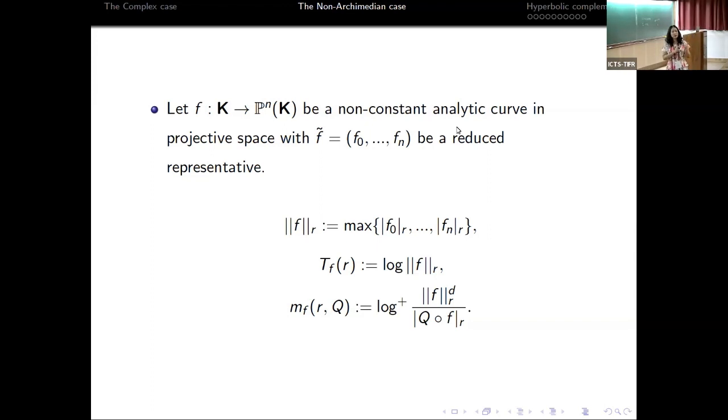For the counting function, it is exactly the same as in complex K, but for the characteristic function and proximity function, we don't need to take an average, because in the non-Archimedean absolute value, if one gets into the disk, it only has to get into the bound. So we don't need to take an average here.